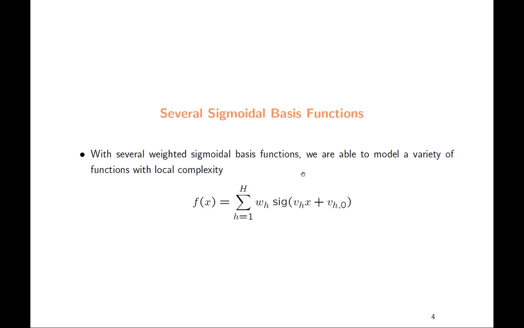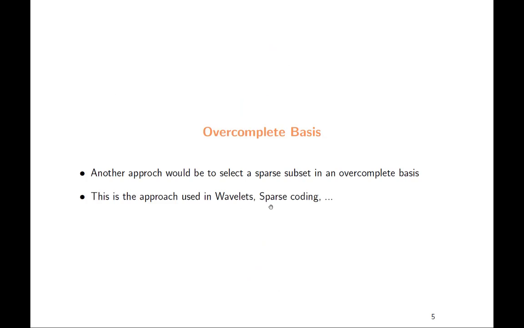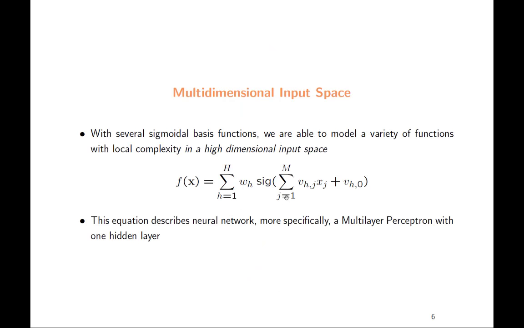So this is the one input case, but let's go to this input here. This is the more general case. So the output is a weighted sum, and here we now use h for the number of hidden units because it was m phi before. So it's a weighted sum.